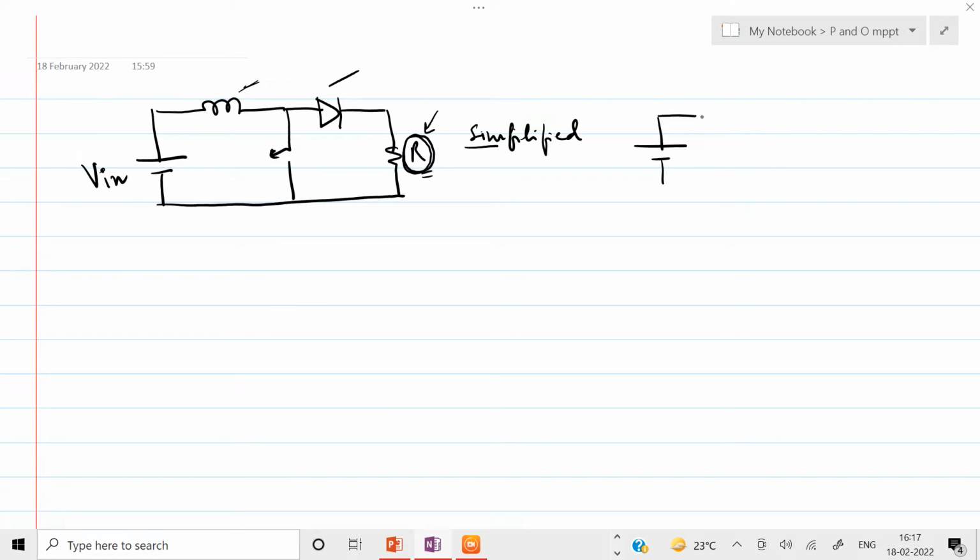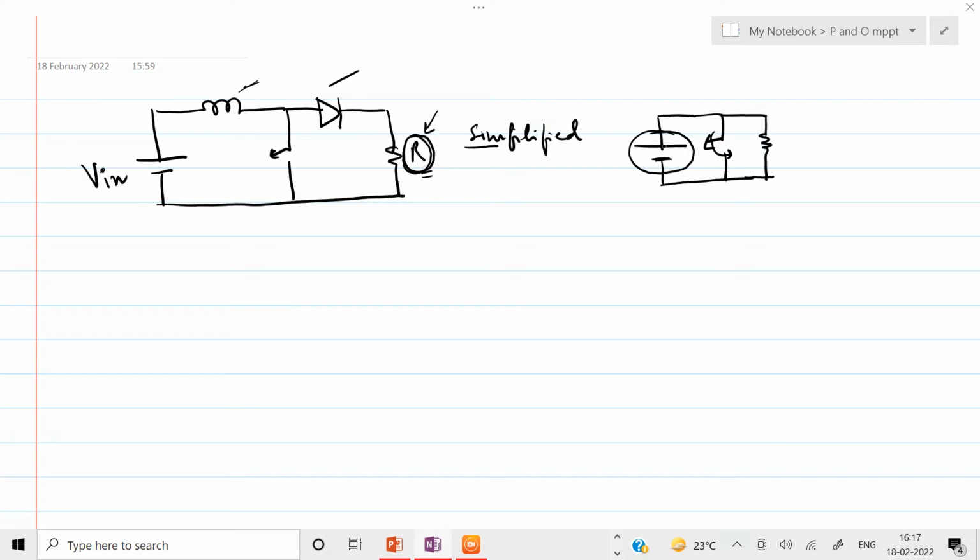So for that, let me assume that I have this type of circuit. This is unrealistic, although just for sake of analysis I'm taking this. When this switch is connected, don't consider the source to be a battery, let us assume that it is a PV panel, since we are not allowed to short circuit a battery.